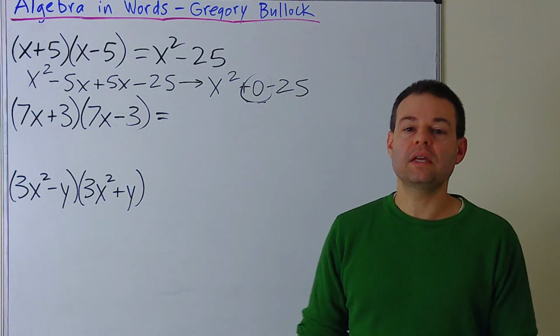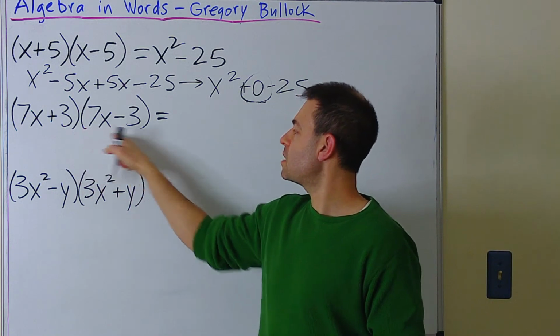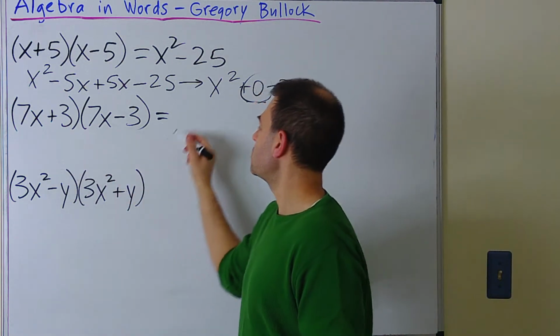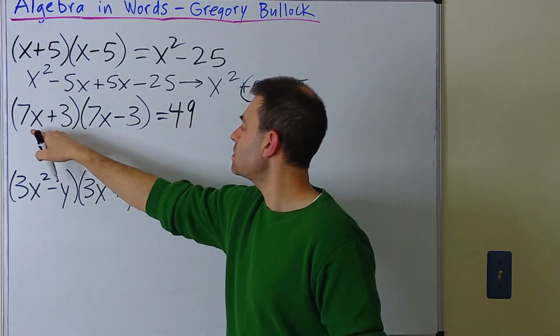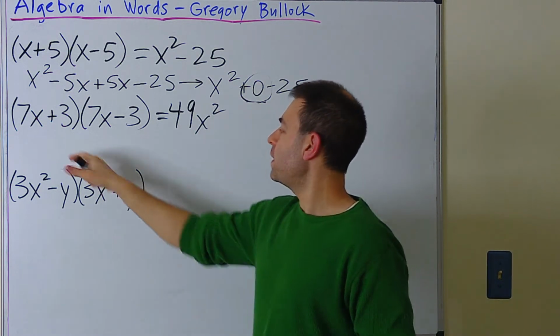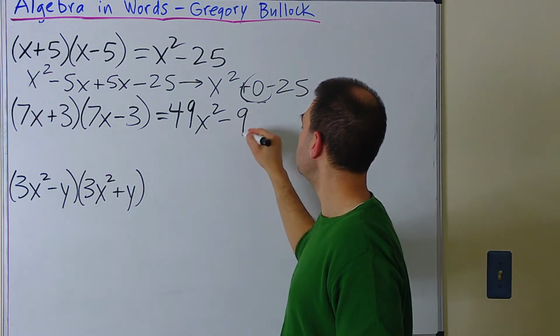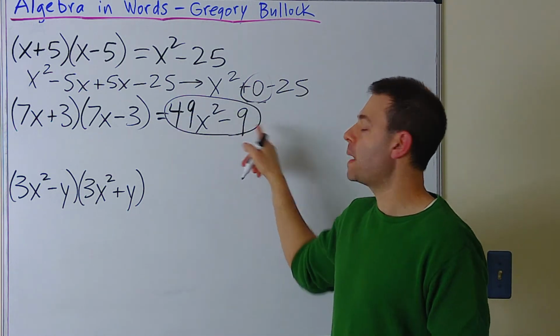So that being said, let's apply the shortcut again to the next set. 7x plus 3 times 7x minus 3. Multiply the products of the first, which is 7 times 7 first, which is 49. Then the x's, x times x is x squared. And then the product of the last, 3 times negative 3, which is negative 9. And that's done. The answer is 49x squared minus 9.